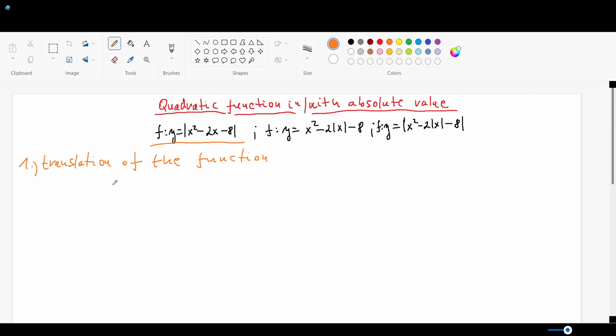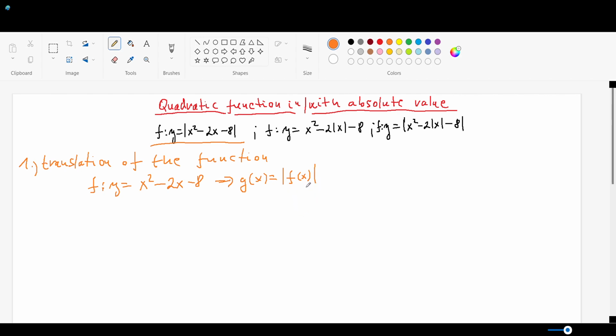So let's have the function defined by y equals x squared minus 2x minus 8, and you already should know that the transformation of this function can be defined like, let's say there is a new function g of x which is defined as the absolute value of the function f of x.